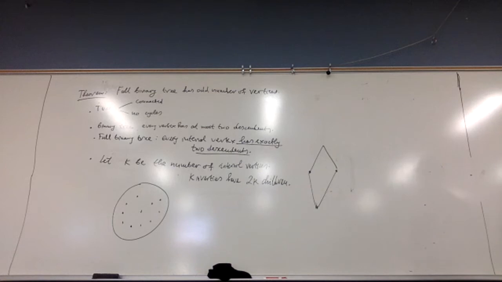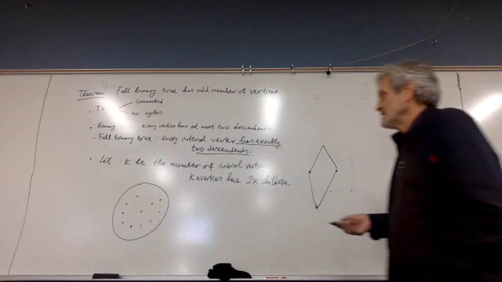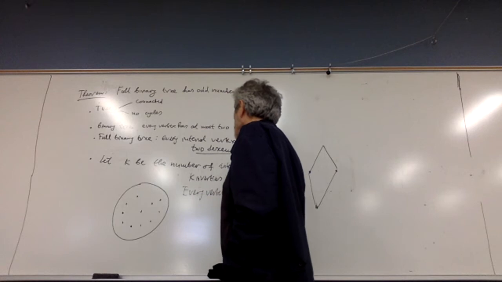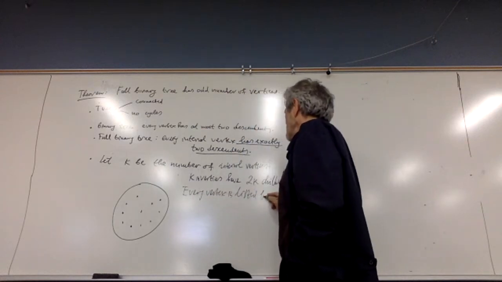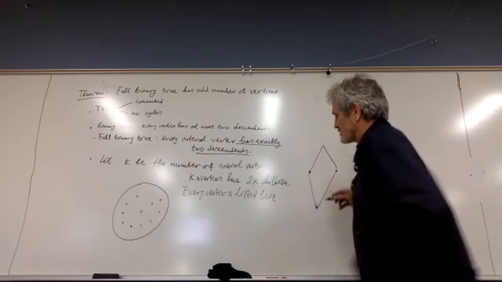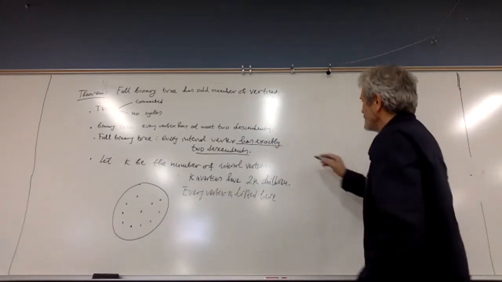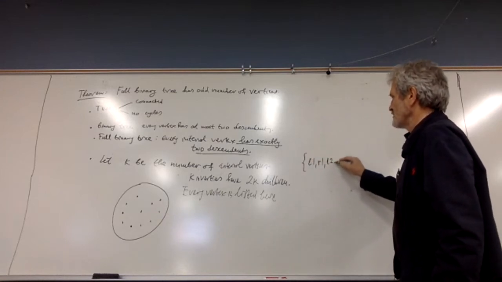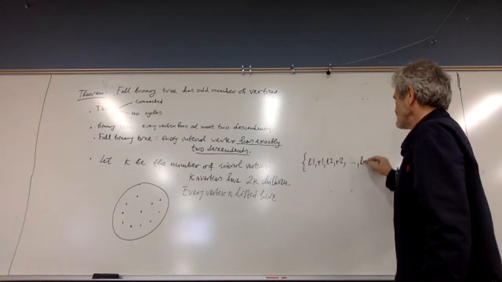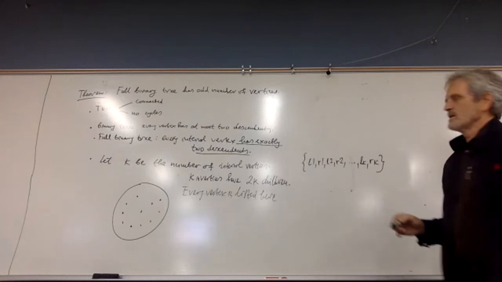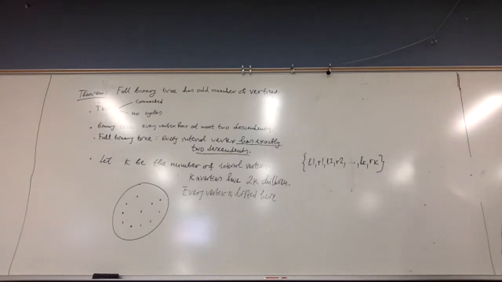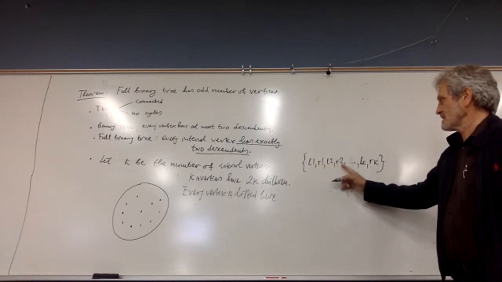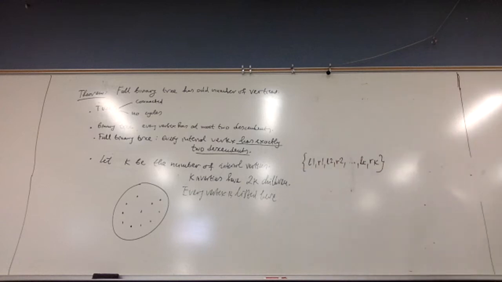Is everybody okay with that? Every vertex is listed here if I list all the children: left child for 1, right child for 1, left child for 2, right child for 2, left child for K, right child for K. Here are all the children listed, 2K objects.